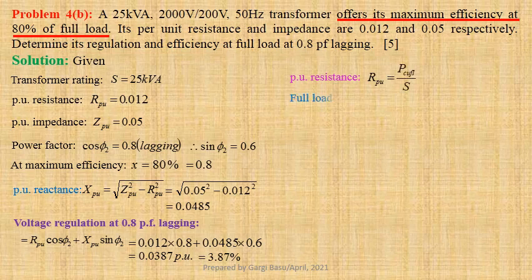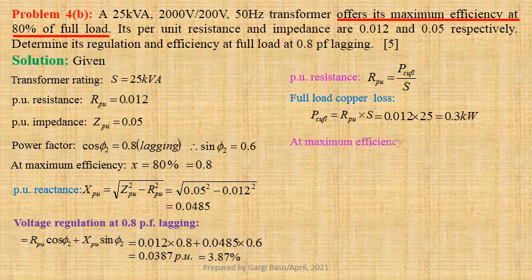Expression for per unit resistance: R per unit equals P copper FL by S. Therefore, full load copper loss P copper FL equals R per unit into S. Using values we get 0.012 into 25, that gives us 0.3 kilowatt.